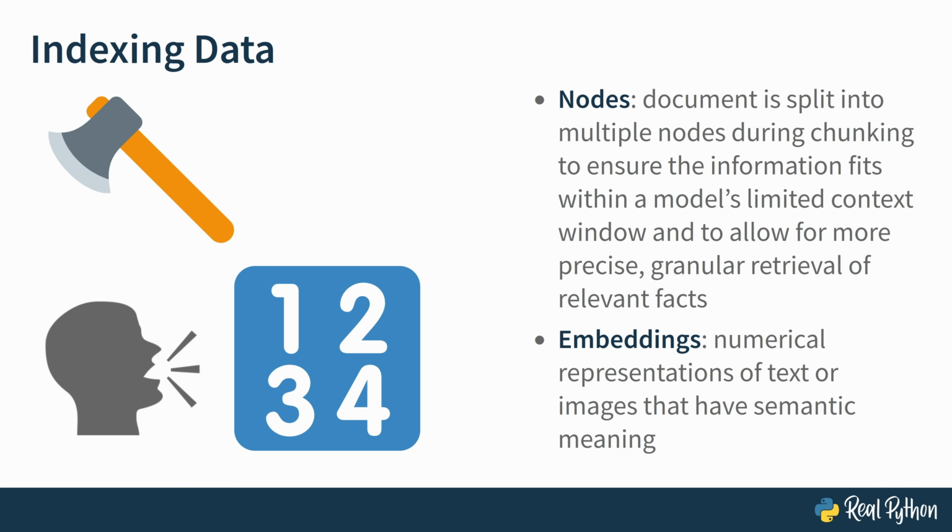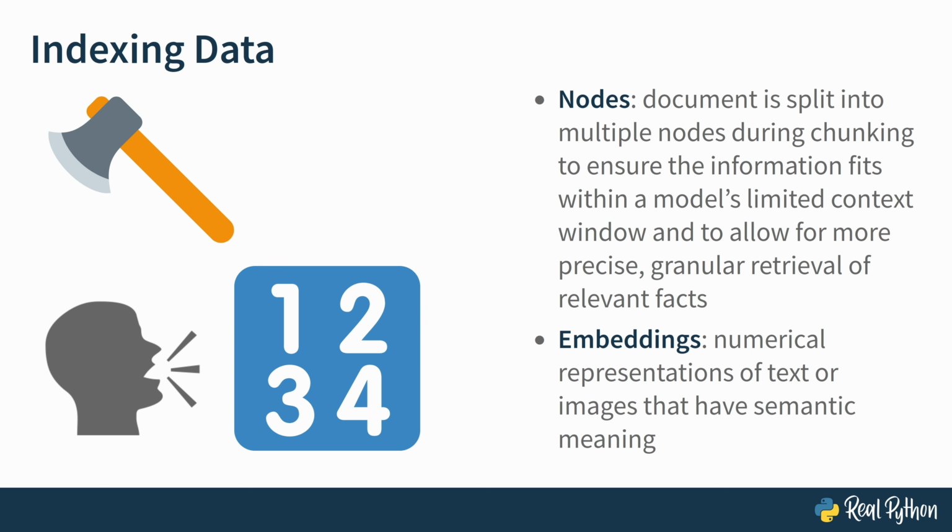Now, the index you will be using is the vector store index class. Just as a little bit of background information, a vector store index splits your document objects into nodes and generates vector embeddings for those nodes. Now, what are embeddings? Well, embeddings are numerical representations of your text. So they are numbers that represent text.